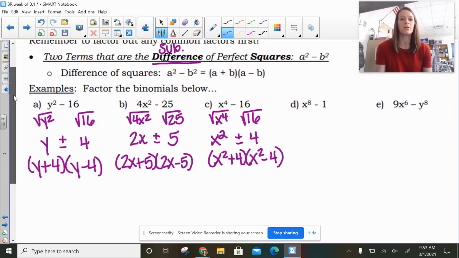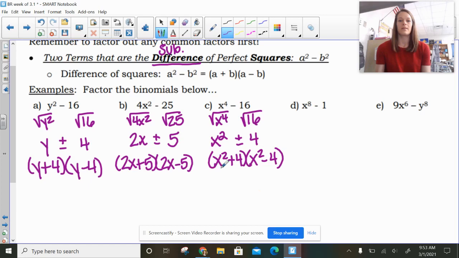Now when you look at this, with this one there's nothing you can do here. But this parentheses is another difference of squares, so it will have to continue. This one will just drop down to x squared plus 4. I can't do anything with it because of the plus sign.